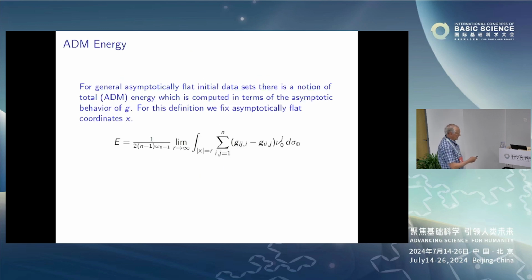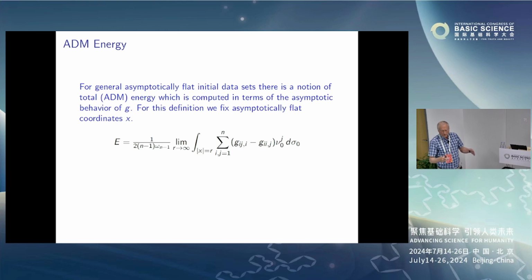Okay, and so for general asymptotically flat initial data sets, there's a notion of total energy, which can be computed as a flux integral. So I've written it here in n dimensions. This is a dimensional factor, and then it's the limit of some expression. This boundary expression actually comes from the linearized scalar curvature.